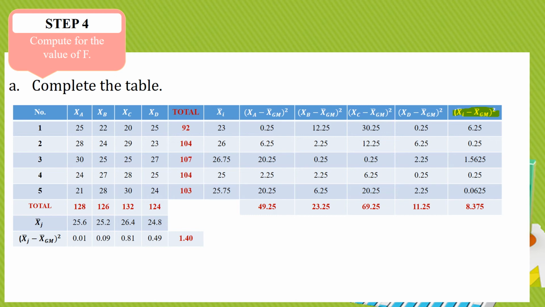So we have 23 minus the grand mean, which is equal to 25.5, and then squared, we will get 6.25. The same process for 0.25: we will simply subtract 25.5 minus 26 and then square. We will have this up to 0.0625.